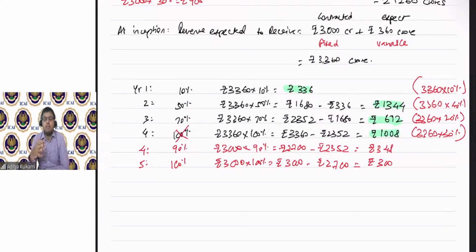So 3,000 plus 360, 3,360 crore is the contract price for you. So in years 1, 2 and 3, you do the booking based on 3,360 crores. Now in year 4, if you complete the project, 3,360 into 100%, you do the accounting accordingly.